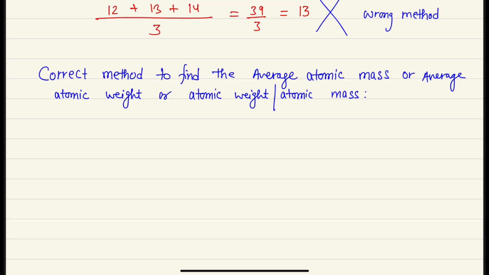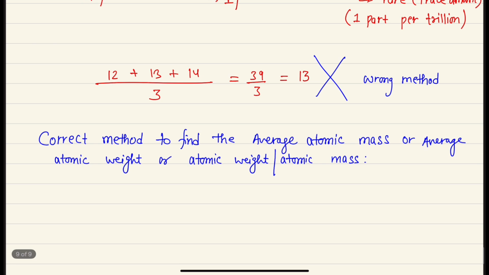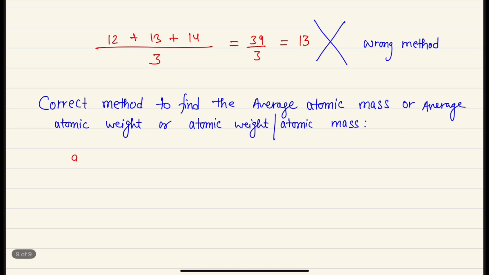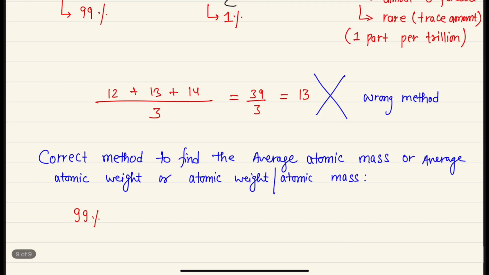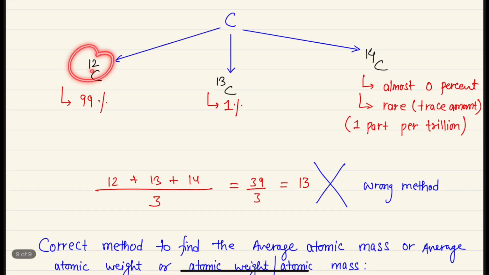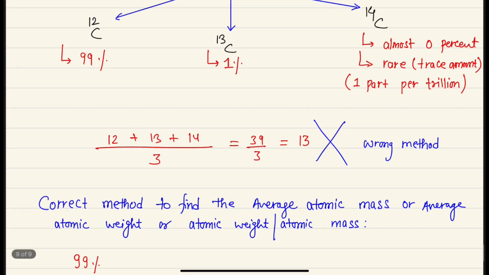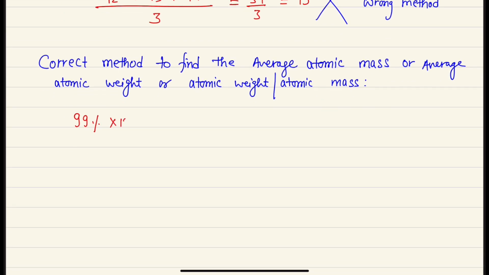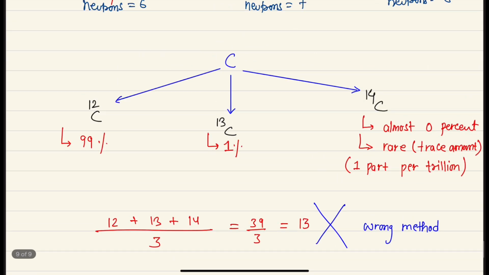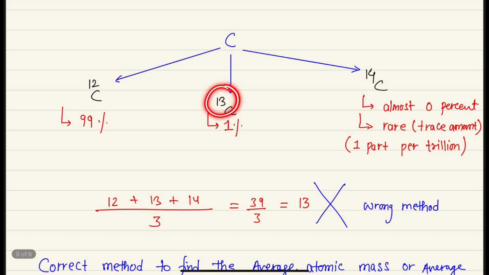So let me write here. How can you find the average atomic weight or atomic mass for carbon? We have to take the percentage also in the calculation. 99%, and the mass of this one is 12. So 99% of 12 plus, then we have here 13C, 1%, and the mass number of this atom is 13.